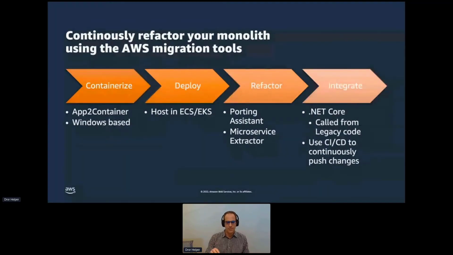Start using Porting Assistant and Microservice Extractor to break pieces out of my monolith into different microservices and Lambda functions. Use .NET Core, which is either called from the legacy code or directly from the outside world. And all of this is possible if I have a continuous integration pipeline to continuously check, test, and then push the changes as my code changes.